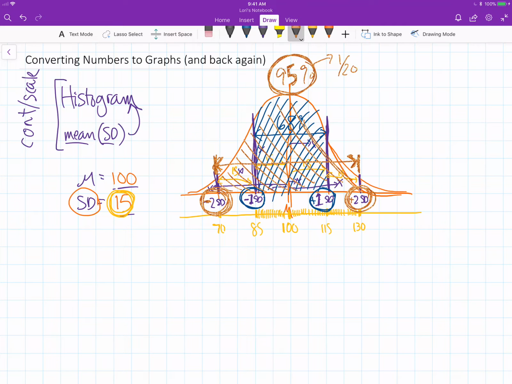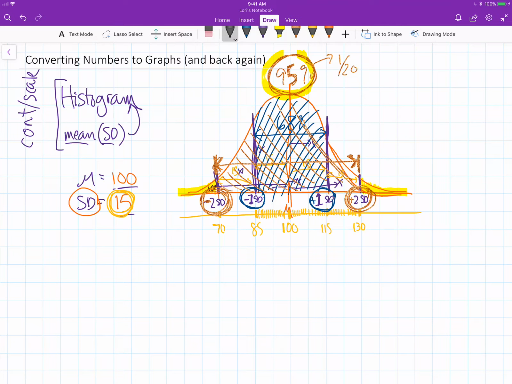What that means is that there's 5% left. And that's partly why I redrew the tail over here, because it had to show something. Here, let's draw it with a nice bright yellow color. In this area right in here, going out the tail, and in this area right here, going out that tail, those two need to add up to the other 5% that's not in this 95% area.